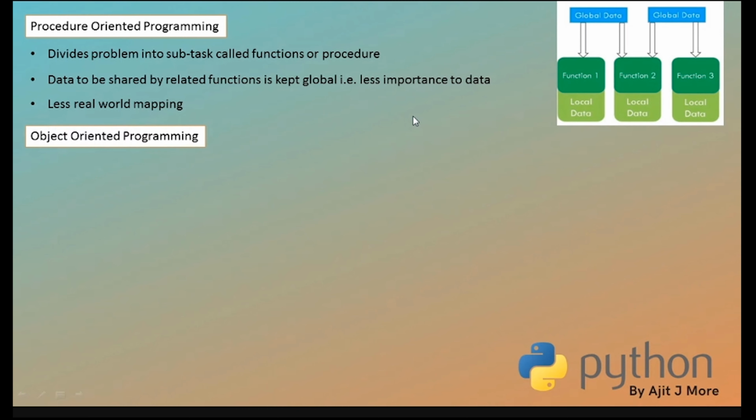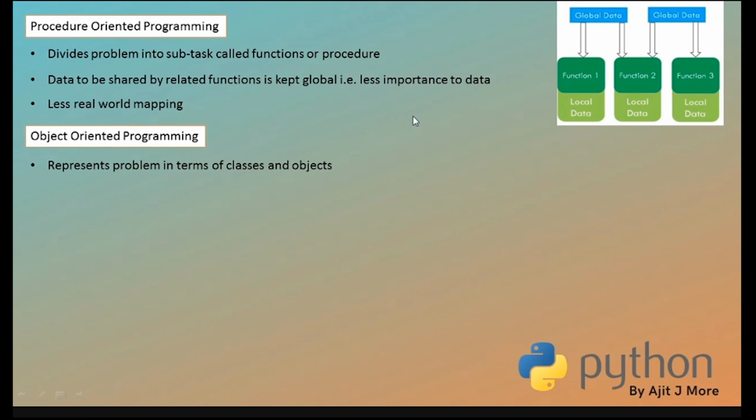Therefore the next paradigm was introduced. These are all different programming methodologies, or different approaches of writing programs. We call them paradigms. So there is another programming paradigm called object-oriented programming. Here, everything is in terms of classes and objects, meaning the emphasis is on classes and objects, whereas in procedure-oriented programming the emphasis is on procedures.